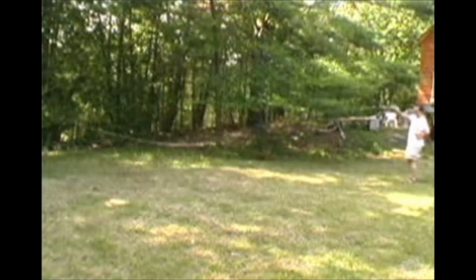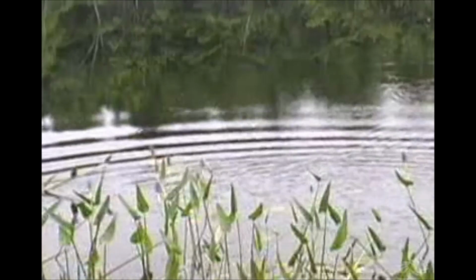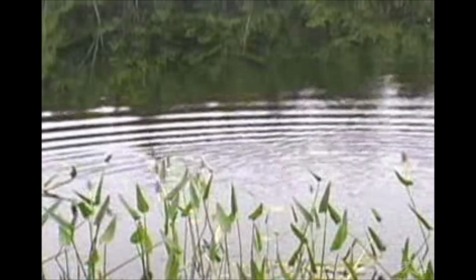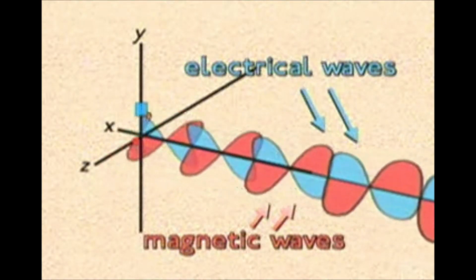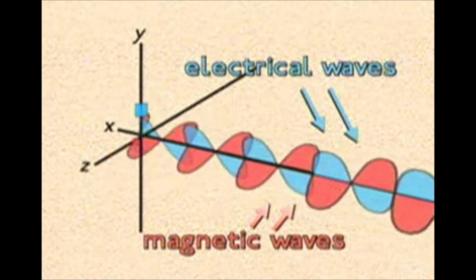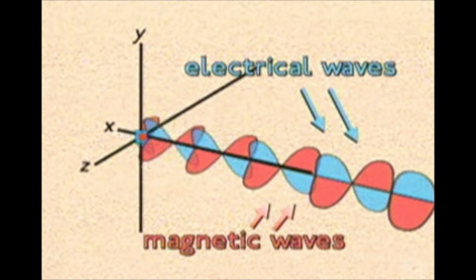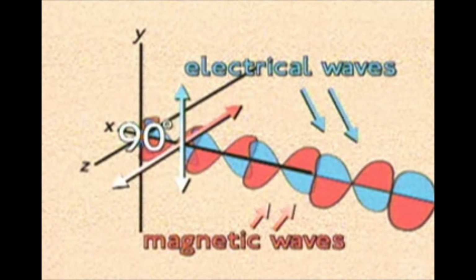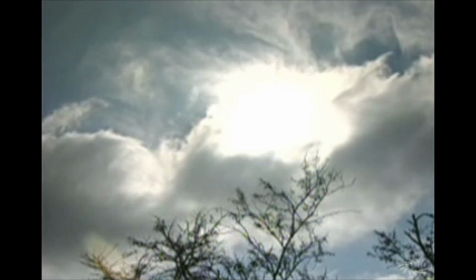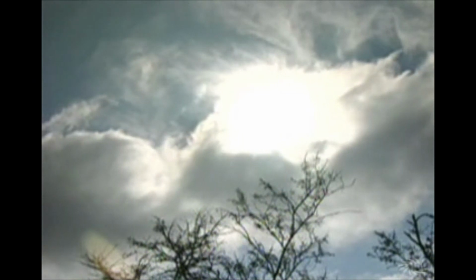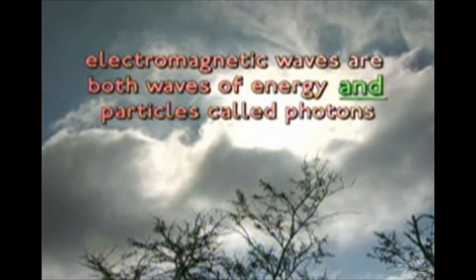If we could see them, transverse waves would look something like the waves in this rope, or the ripples on the surface of a pond. This animation of an electromagnetic wave shows both the electrical and magnetic component of the wave. Note the two parts of the waves are at right angles to each other. Maxwell believed that electromagnetic waves were only energy, but it is now known that they are both waves of energy and particles called photons.